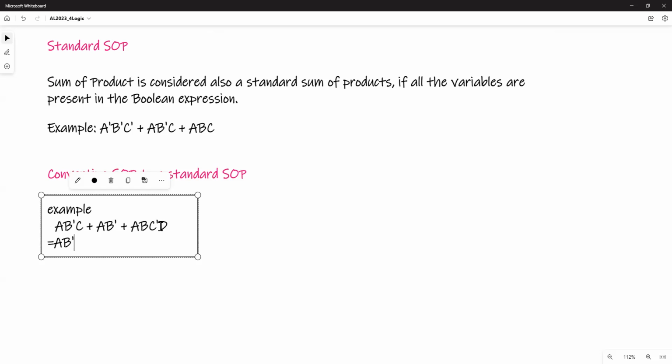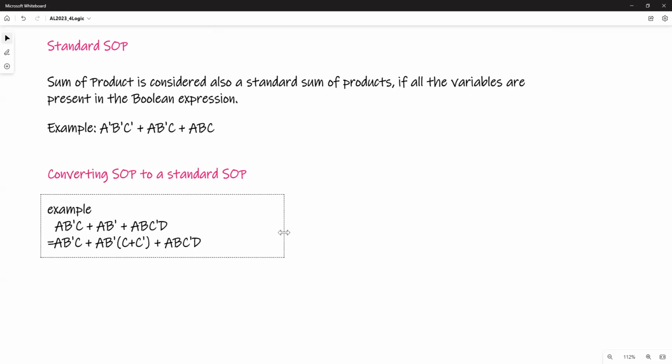So I will say A B dash, and if I put something like this, C plus C bar, right? It won't change, right? Because C plus C bar is 1.